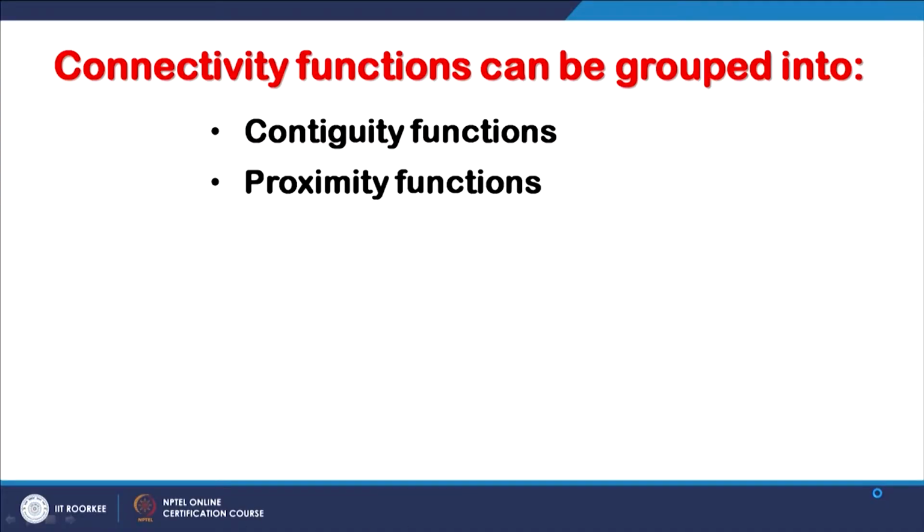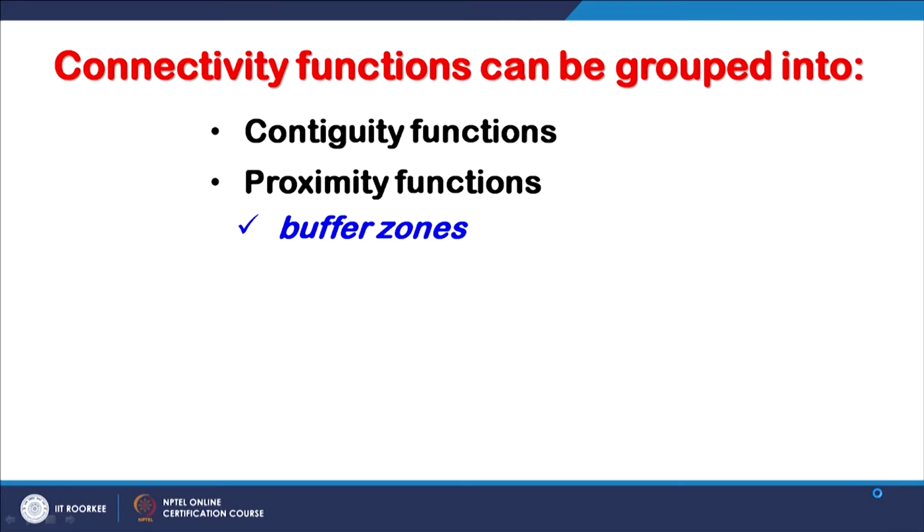Connectivity functions can be divided into various sub functions. The first one is contiguity, and we will see details about these functions a little later. Then proximity, and the proximity part we have already discussed, like creating buffer zones. That is directly connected with a spatial object, a point around which we create a circle.